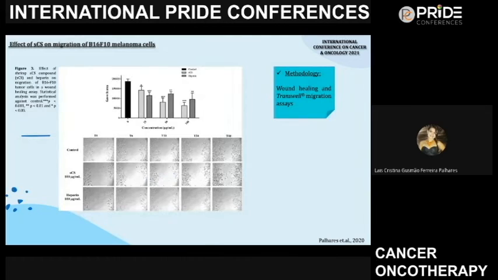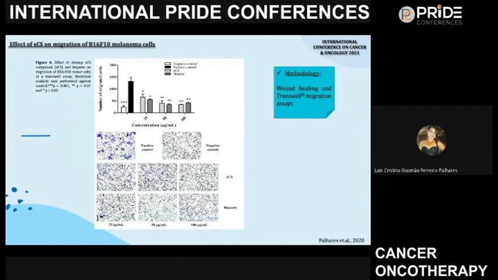In the wound healing assay, we could see that in the presence of the compound, at all the concentrations tested, even after 48 hours, the compound was able to decrease the invasion of the tumor cells compared to the control. All those effects so far seem to be dosage dependent. In the highest concentration that we used, which was 100 micrograms per ml, we found the best effect.